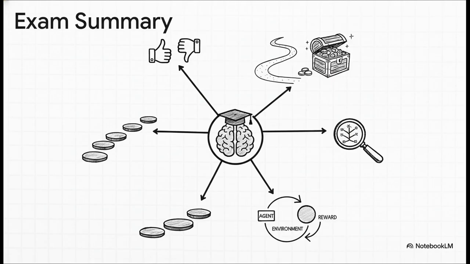That's what the value function is for. Third, the whole system is built on that agent environment loop. State, action, reward. Fourth, algorithms like TD learning let the agent learn on the fly by bootstrapping from its own estimates. And finally, don't forget the big dilemma: exploration versus exploitation. Do I try something new and risky, or do I stick with what I know works? Getting that balance right is everything.